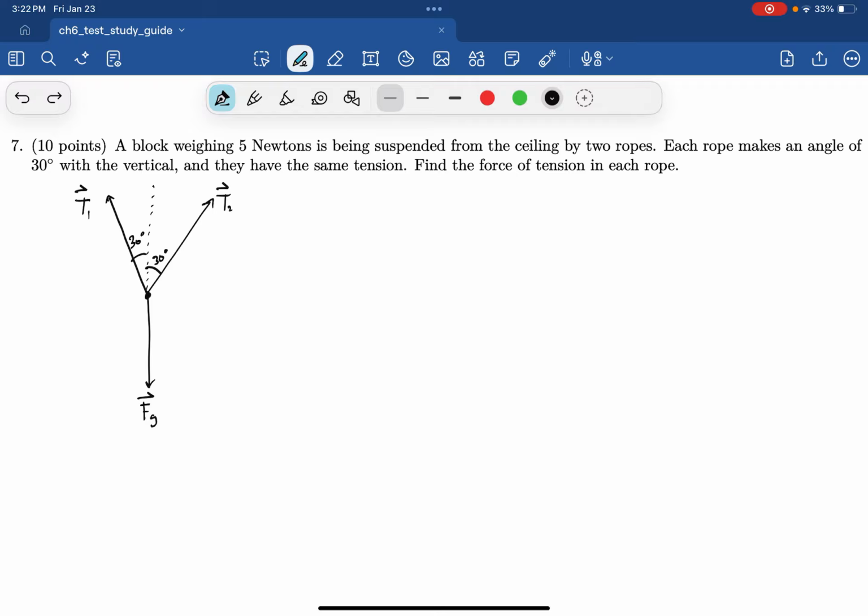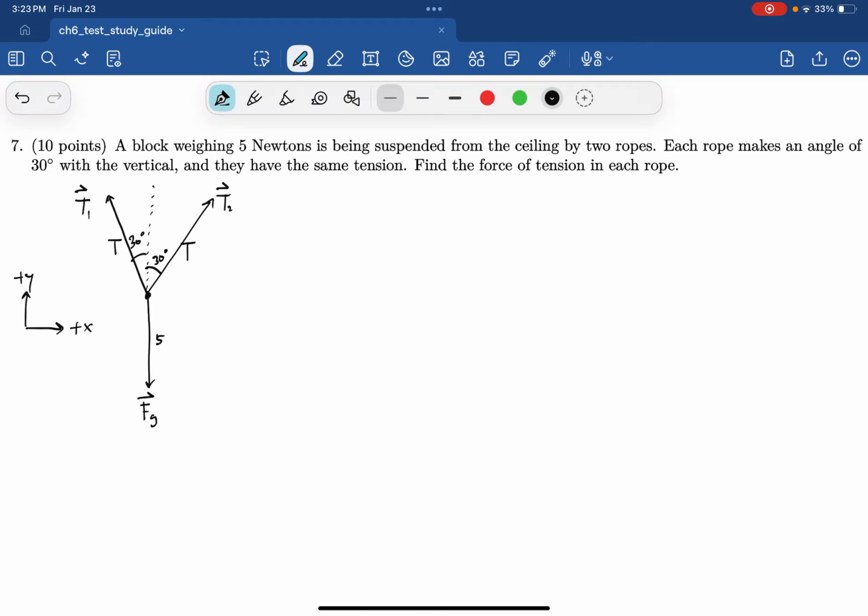So suppose the magnitude is given by t, okay? So let's say the magnitude is t for both of those 2 vectors up there. The task now is to split up all 3 of these vectors into x and y components. Okay, and we're going to define positive x to be in this direction and positive y to be in that direction.